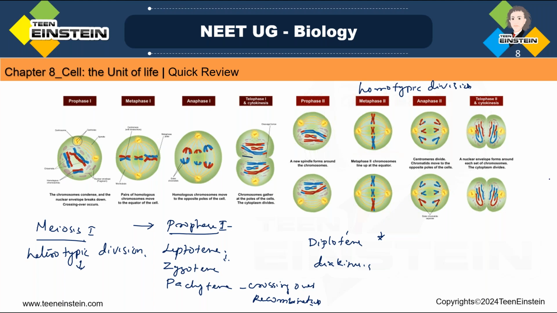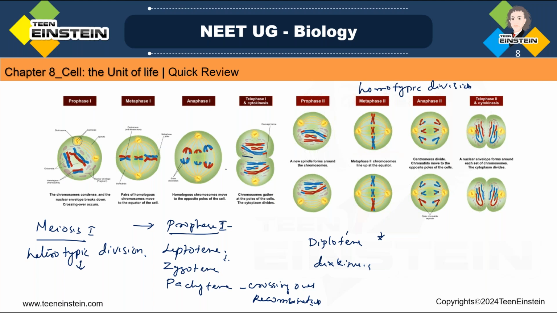And meiosis 2 is again divided into prophase 2, metaphase 2, anaphase 2, and telophase 2. All these phases are similar to the mitotic phases, except that they occur in two haploid cells, and this results in haploid daughter cells.